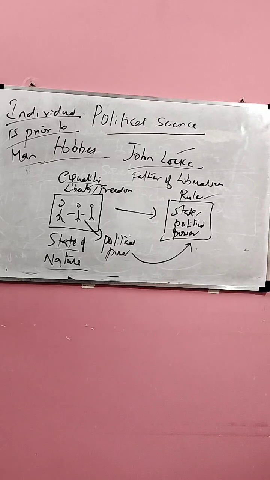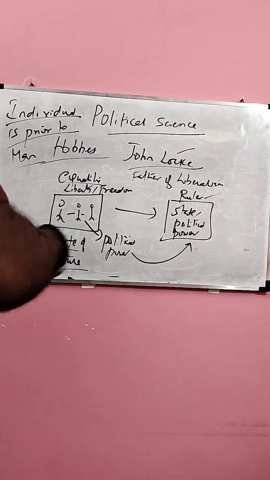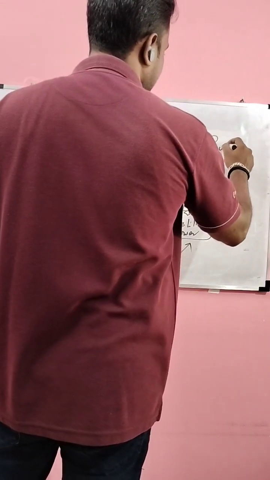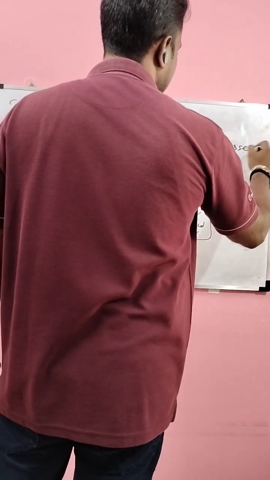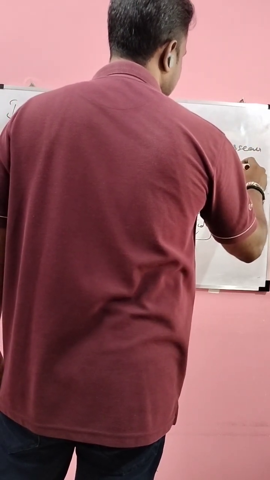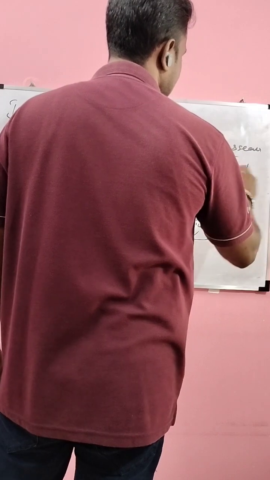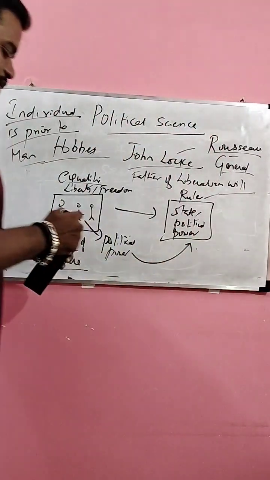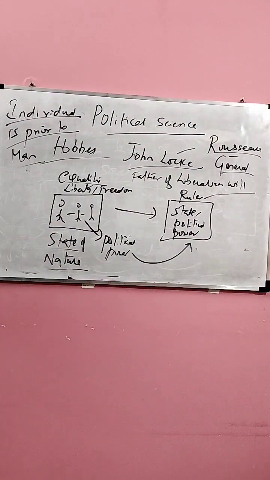J.J. Rousseau also spoke of the social contract. He said that the social contract is related to a concept called general will. Like Locke, he also has a positive view of human nature. General will is nothing but the collective will of all the people in the society.